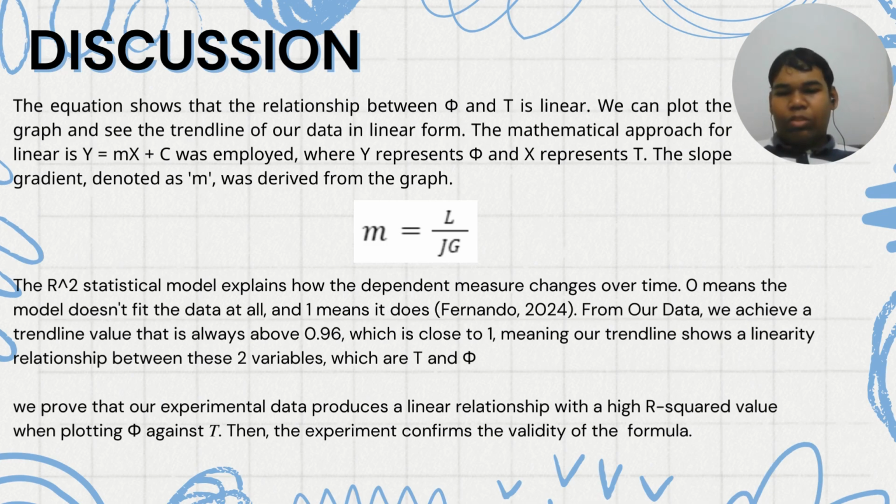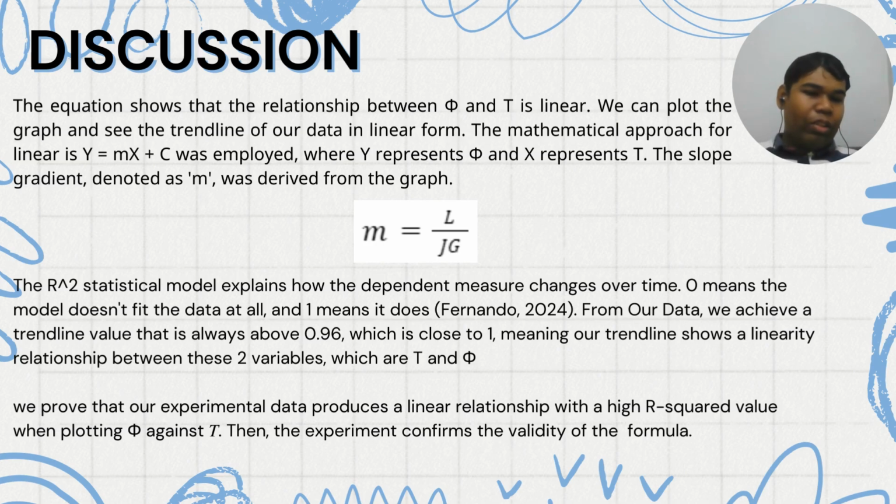So from the R-square statistical model, it explains how the dependent measure changes, with zero meaning the model doesn't fit the data at all, and a value near one meaning it has a strong correlation with the data. And from our data, we achieve a trendline value that is always above 0.96, which is close to 1.